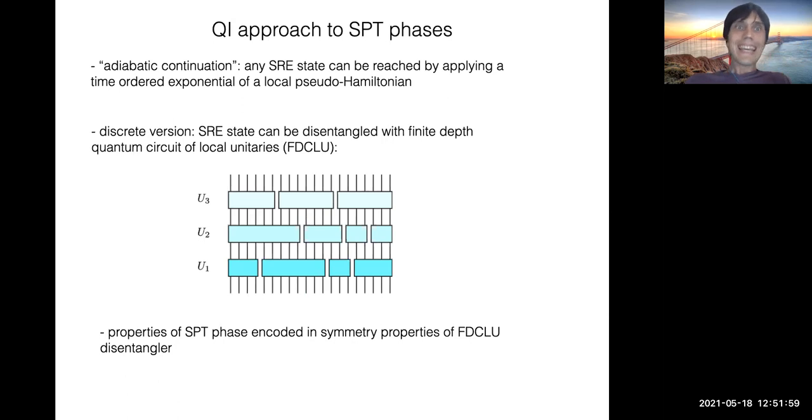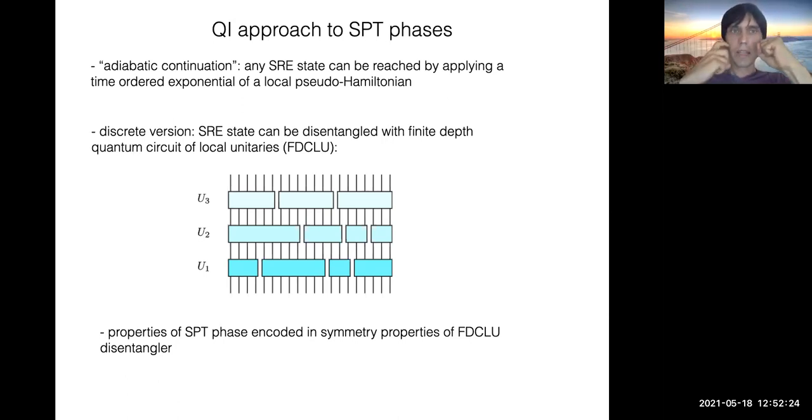So the key idea behind this quantum information theoretic approach for understanding SPT phases is the idea of a finite depth quantum circuit of local unitaries. The basic intuition is this. Remember, we're trying to understand this set of short range entangled states. There's this oval on the left side of the screen that I had a while earlier.